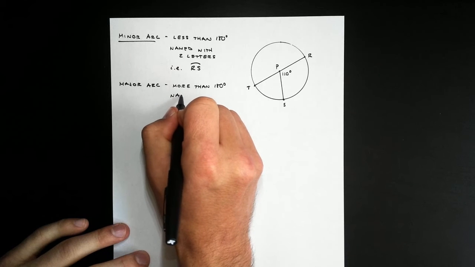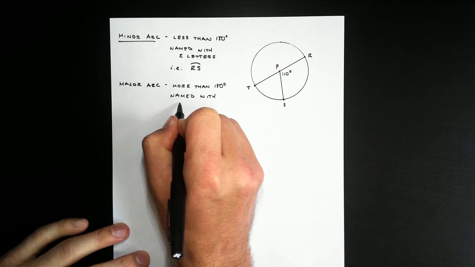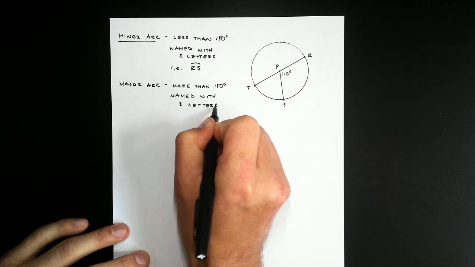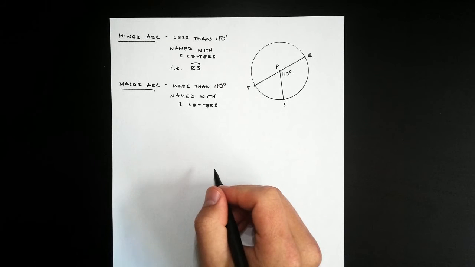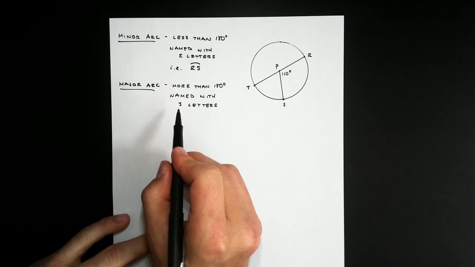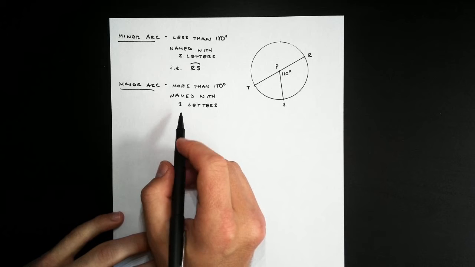And these are named with 3 letters. So just like the minor arc, we need where it starts and where it stops, but we are going to include an additional letter, which is a point somewhere in the middle of the major arc.